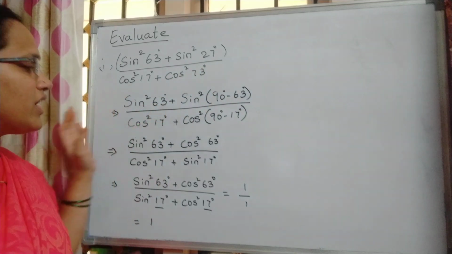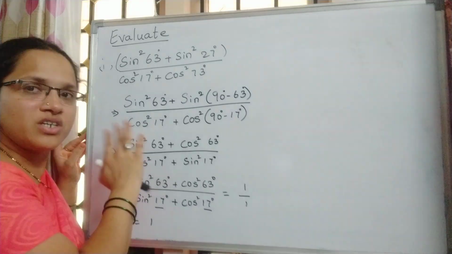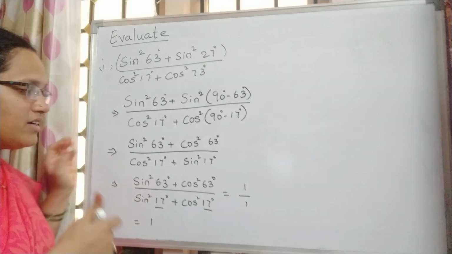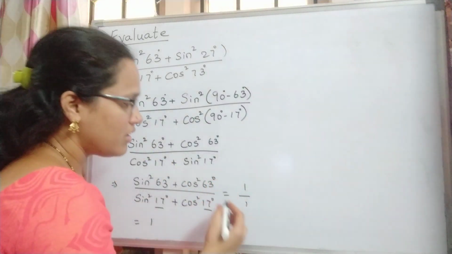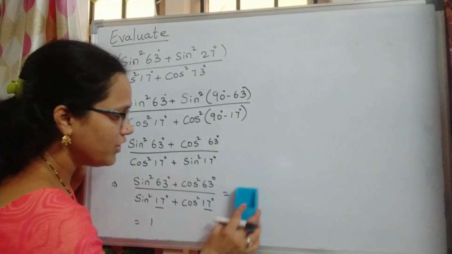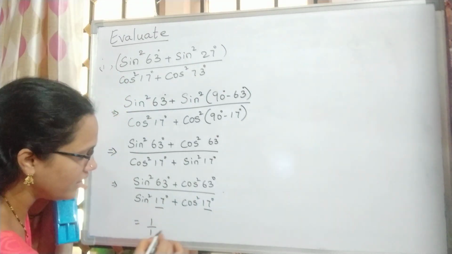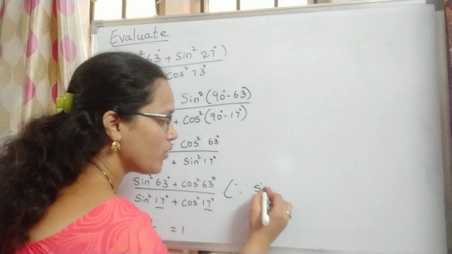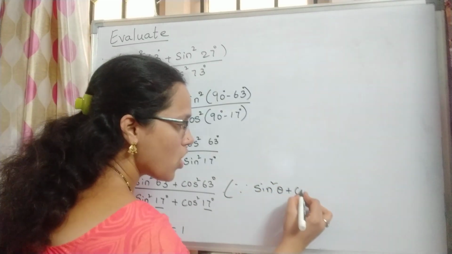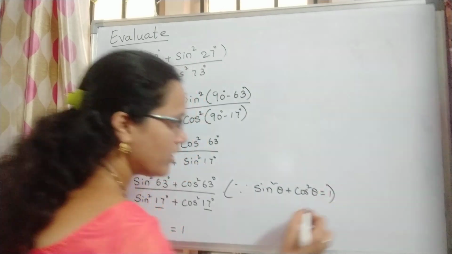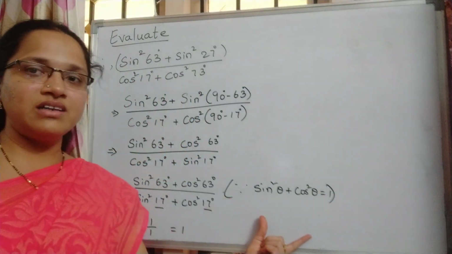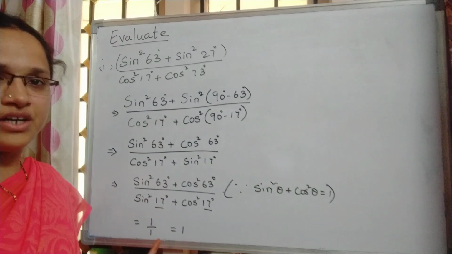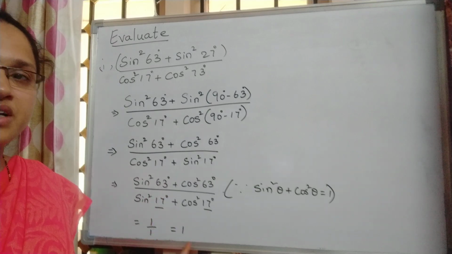You can write sine in the front position and cos in the next position, and write it in the form of a trigonometric identity. Whenever you write this, do remember to mention at the side that sine square theta plus cos square theta is equal to 1. By using this identity, I have written 1 for both the numerator as well as the denominator. So my ultimate answer is 1.